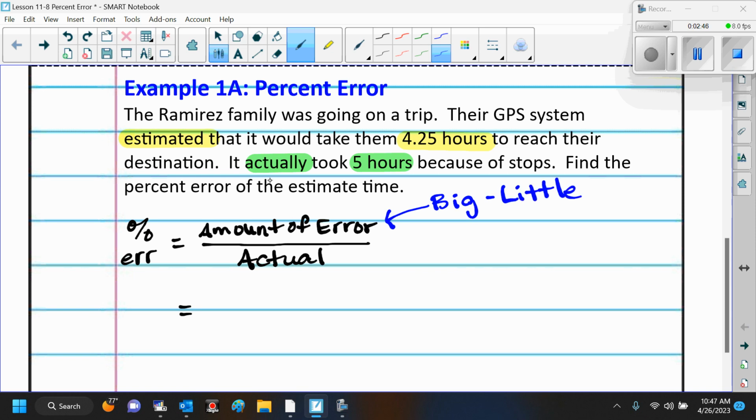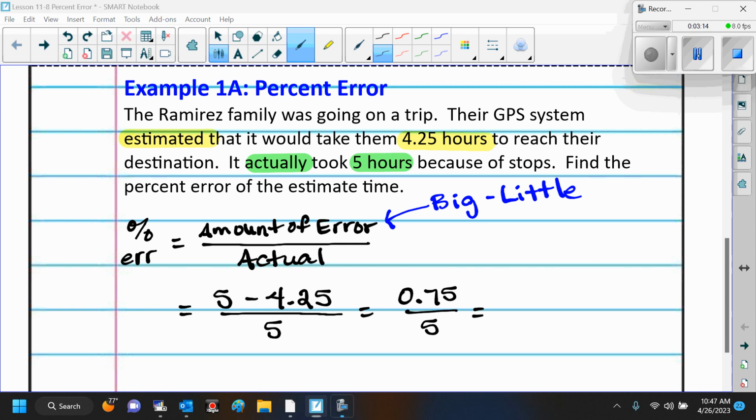Okay? So that's going to be 5 minus 4.25 divided by the actual. What was the actual? 5. Very good. So when we subtract 5 minus 4.25, what did you get? So we have 0.75, and we're going to divide by 5. Everybody good? So when you do that, what did you get?